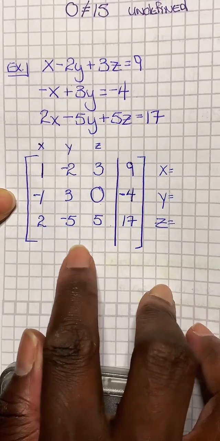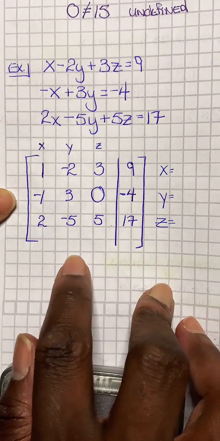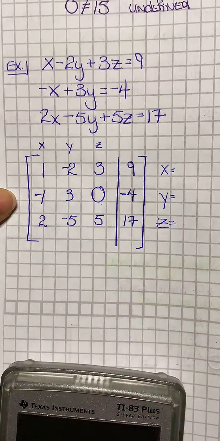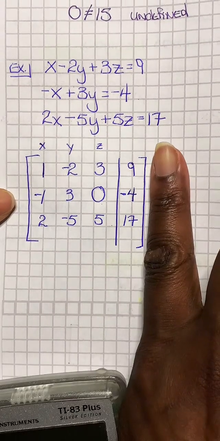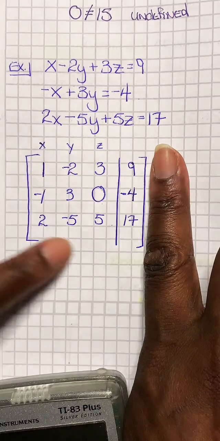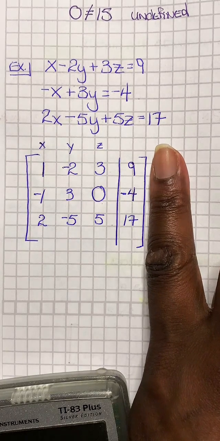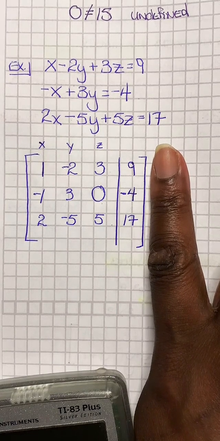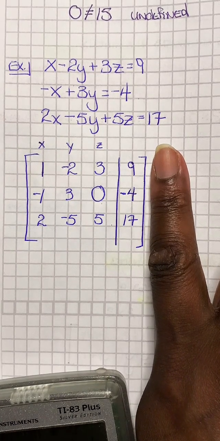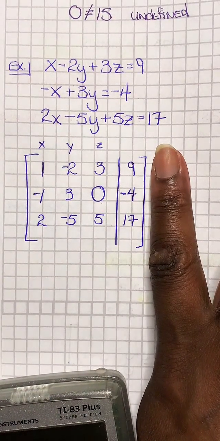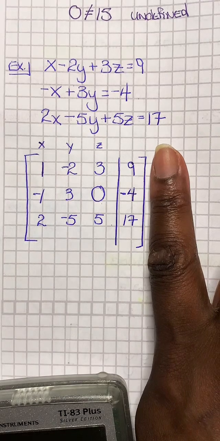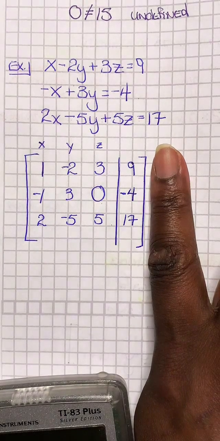What type of matrix is this? Put in the chat. Not including this part, just the matrix itself. How many rows?